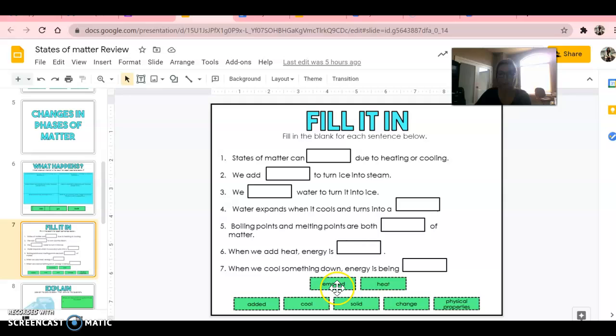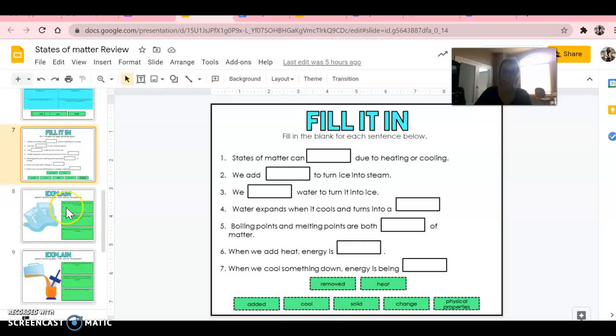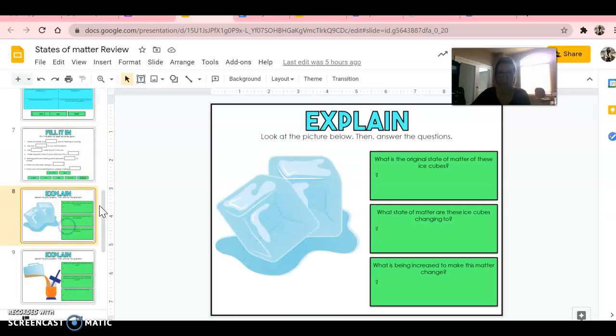Here you'll be filling in the boxes. Please make sure that when you fill in a word in the sentence, you're rereading the sentence to make sure that it does in fact make sense for that word to go there. If it doesn't sound correct or the grammar doesn't make sense, then chances are you may have swapped two. So recheck and make sure that they make sense.